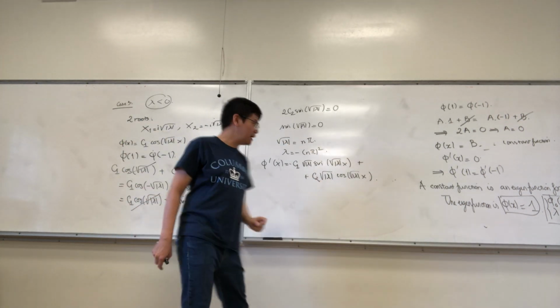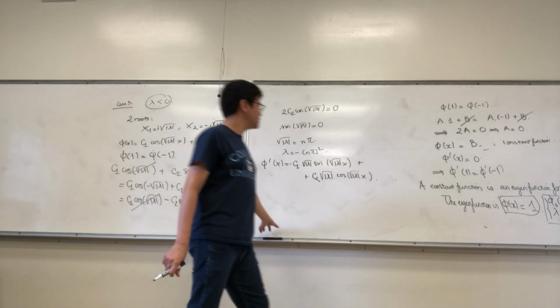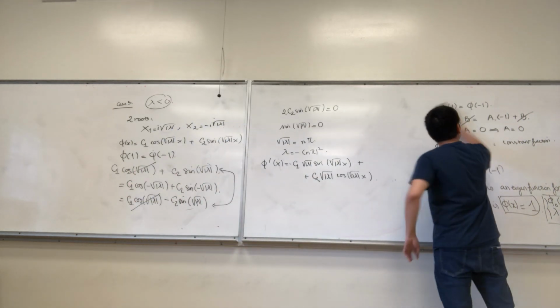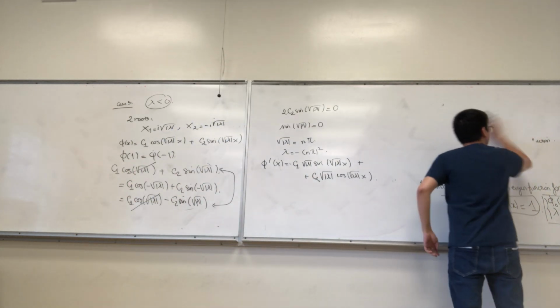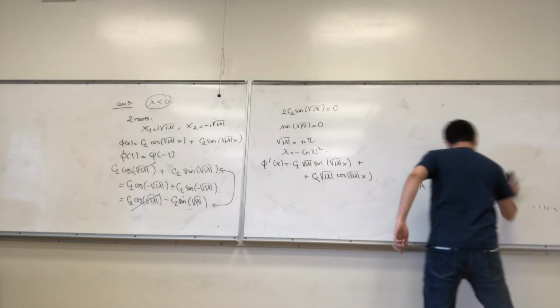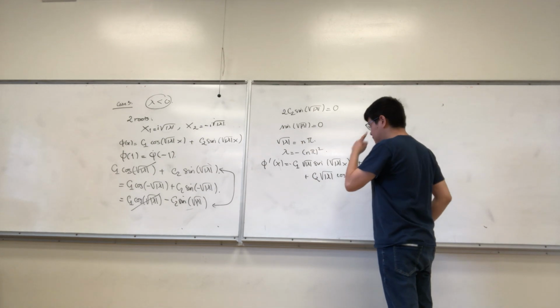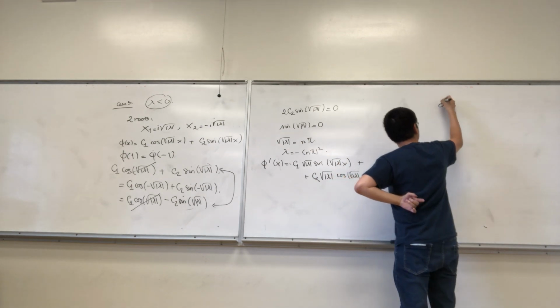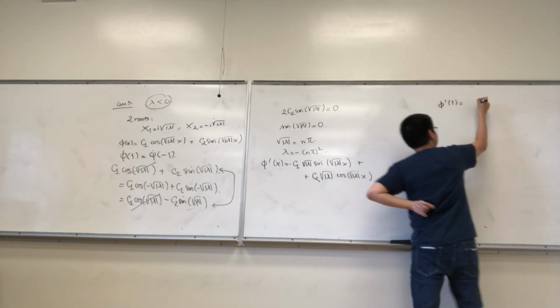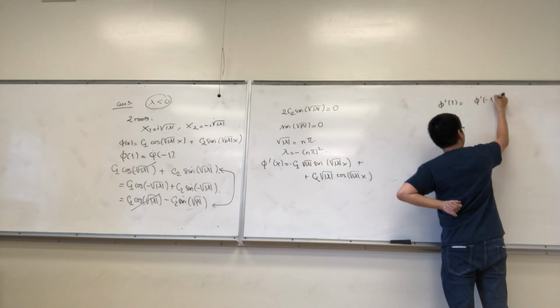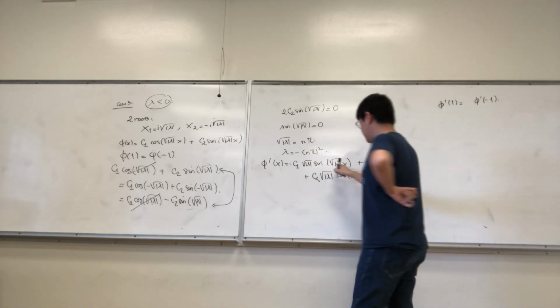All right. Now we're gonna plug the boundary condition here. Right, so you have phi prime of 1 is equal to phi prime at minus 1. I replace 1 here.